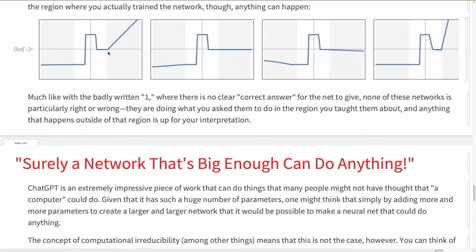And we know from ChatGPT that a network can even write human-like text, and we'll talk about how it does this tomorrow. So you might think, well, writing human-like text is a complicated thing, and it might take billions or trillions of parameters, but that just tells us that if we add more and more parameters, we could make a network that could do anything.